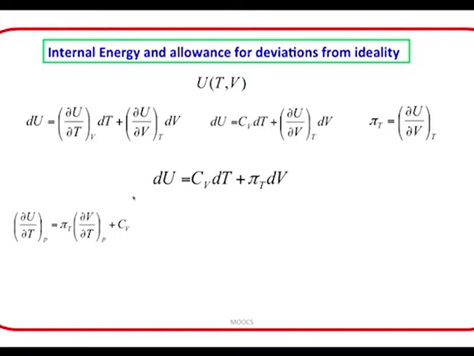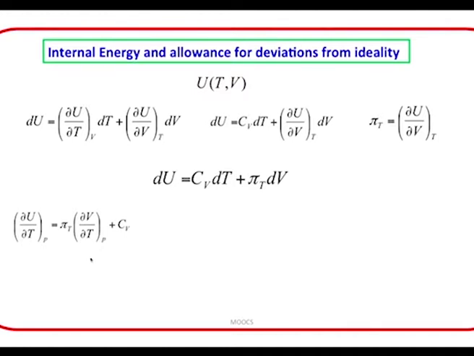So, please note here that this expression gives the variation of internal energy with temperature at constant pressure. Cv is the variation of internal energy at constant volume, and here we have an expression for the variation of internal energy with temperature at constant pressure.